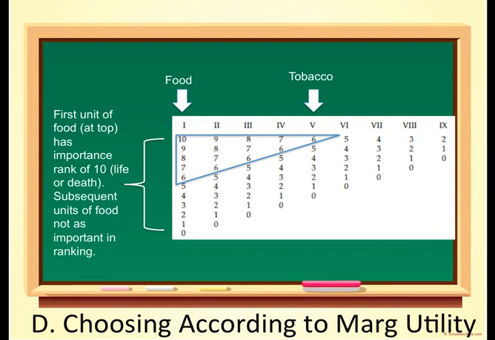So if he's only got 15 total that he can grab, he would not even take that first unit of, say, good Roman numeral 8, whatever that is, because even the first unit of that just has an importance ranking of 3. And so he would still be spending his time on the earlier types of goods, the ones over to the left on the diagram, because the earlier units of those things are more important than even that first unit of good Roman numeral 8.